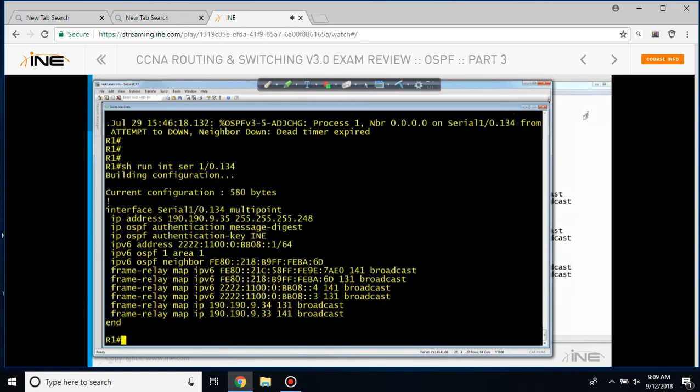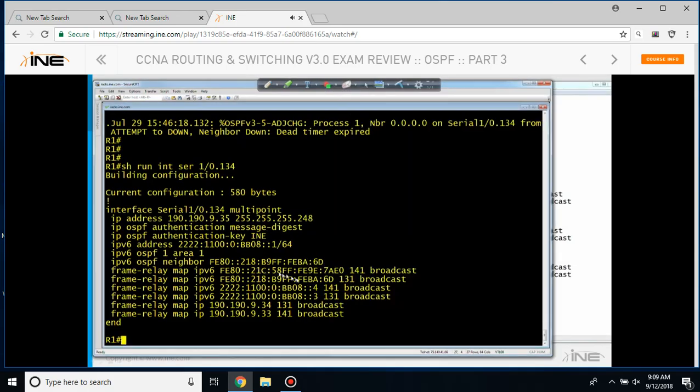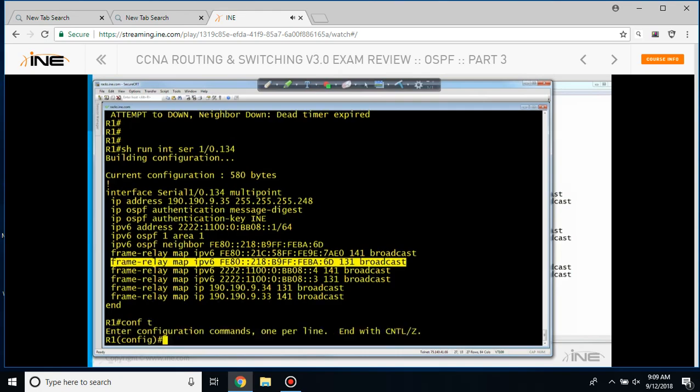Okay, so on R1, to reach R3, R3 is 6DD8. Ah, missing a couple characters there. Somehow those got cut off. Well, that would explain it. I bet you the same thing happened on R4 as well.